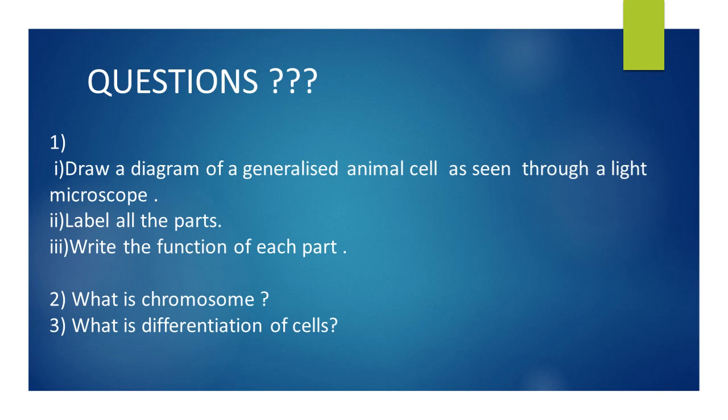So now you can get a piece of paper and answer these questions. First one, draw a diagram of a generalized animal cell as seen through a light microscope, and then label all the parts and write the function of each part. Then what is a chromosome and what is differentiation of cells?